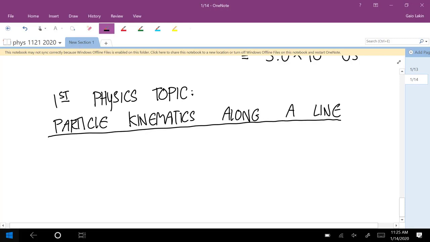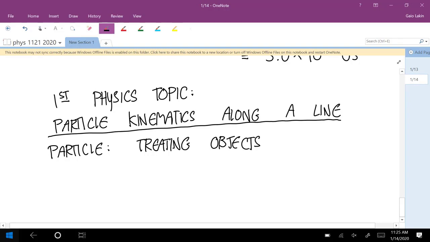So what do these things mean? So particle means that we're treating objects as if they have no length dimensions. You know, it's like the size of a point, infinitesimally small.